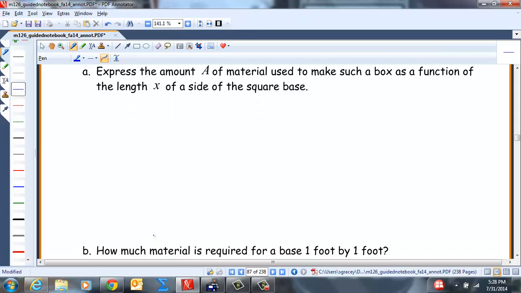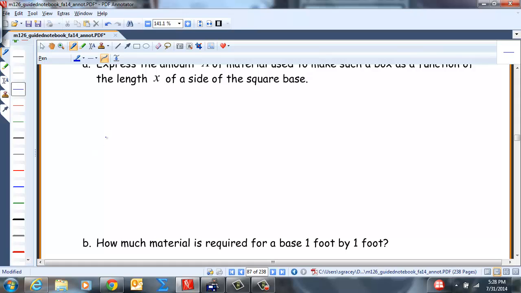So with something like this, it's good to make a picture. So you've got this box with a square base. So here, these are both x.